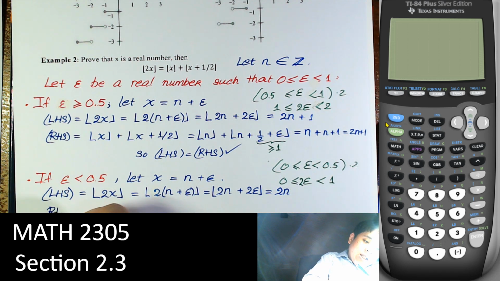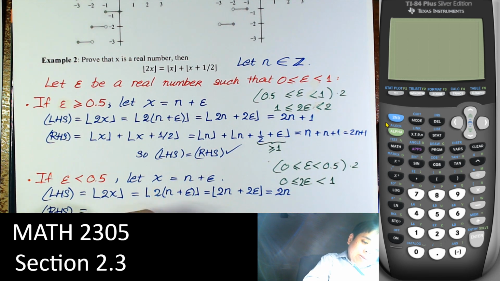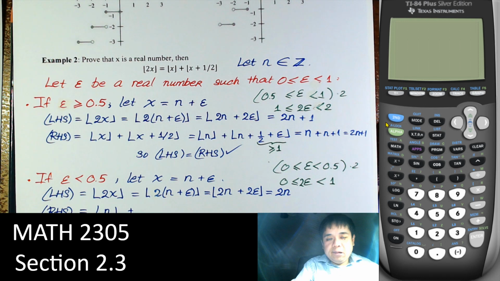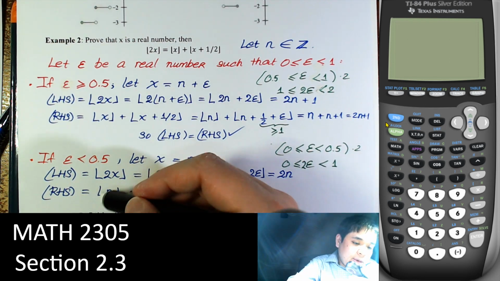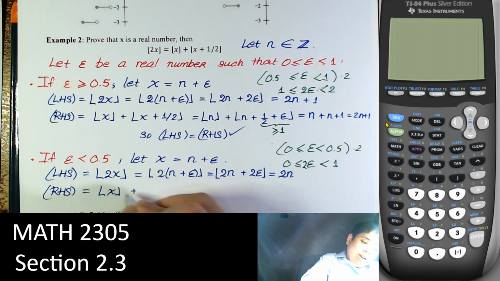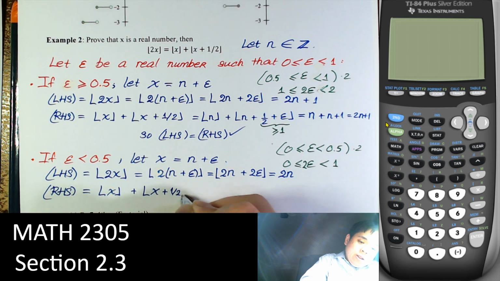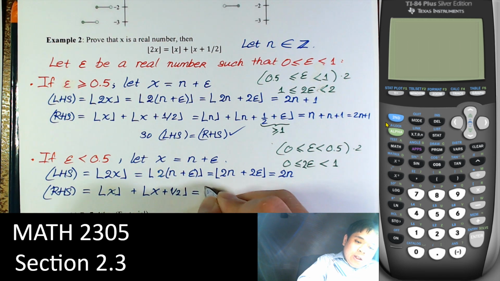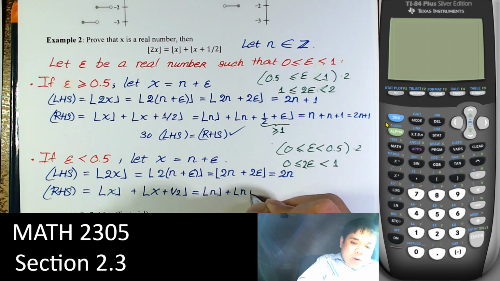And then the right hand side, just n, x plus the floor function of x plus 1/2. So it's n plus the floor of n plus epsilon plus 1/2.